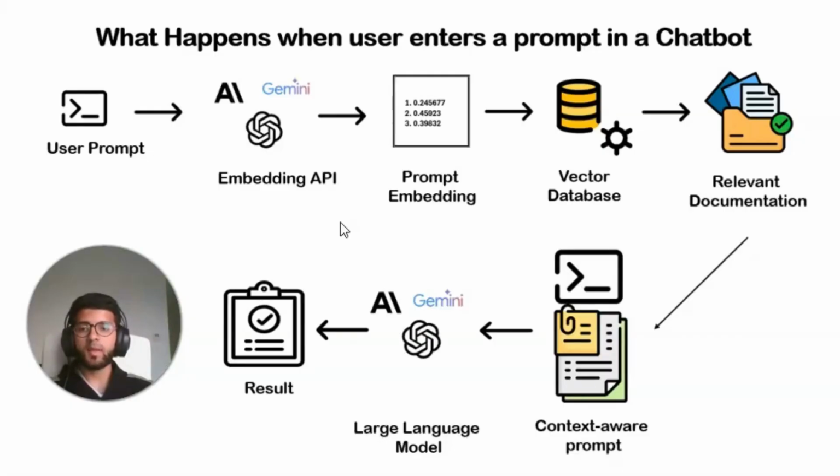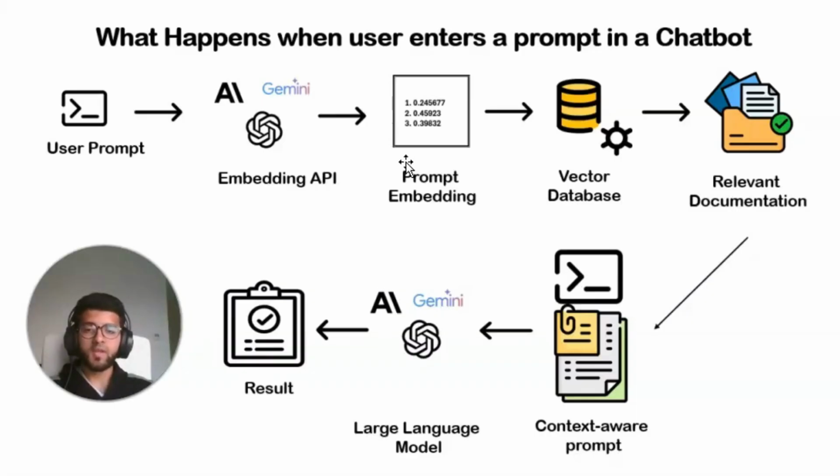Now let's say you enter a prompt. When you enter a prompt, again we're going to do embedding. That is going to be prompt embedding, meaning that we do the same process we did with the knowledge base, but this time we're only going to do vector embedding.